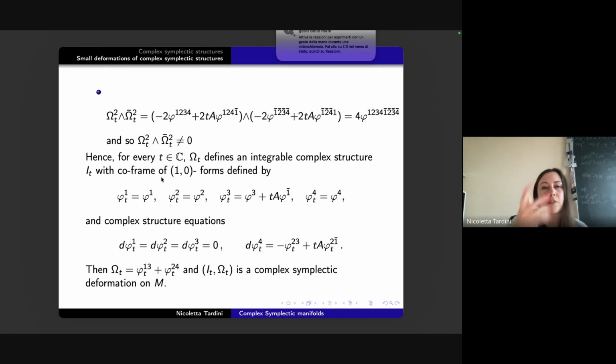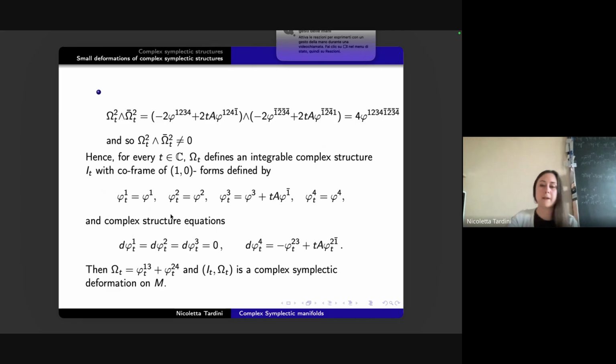Because if you remember, the (0,1) vectors were given by the kernel of omega, and then you can construct the complex structure, and it turns out that the coframe of (1,0) forms is given by this. So then you get the complex structure equations, and then you get the deformation that is a complex symplectic deformation.